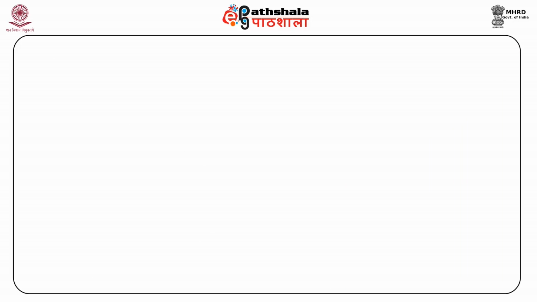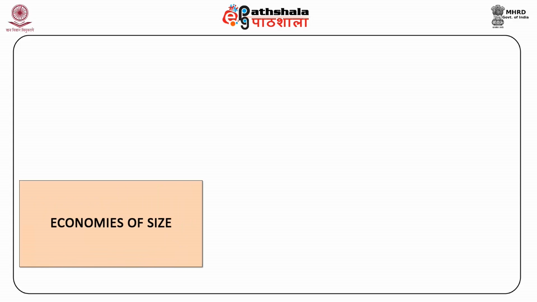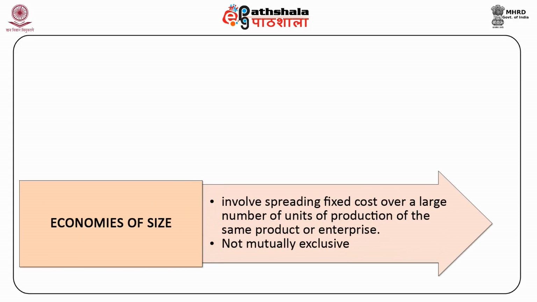Let us look into the concept of economies of scope versus economies of size. Economies of scope are different from economies of size. Economies of size involve the spreading of fixed cost over a large number of units of production of the same product or enterprise.